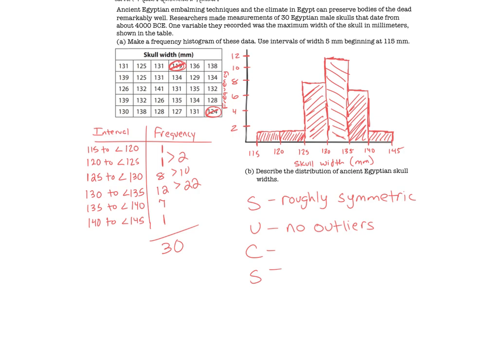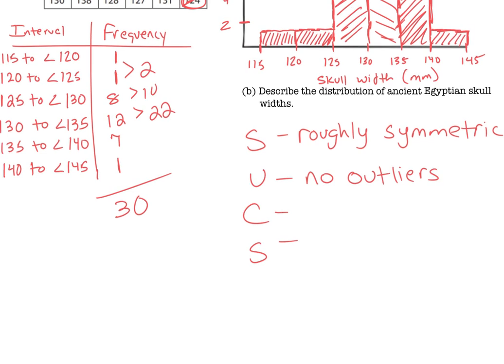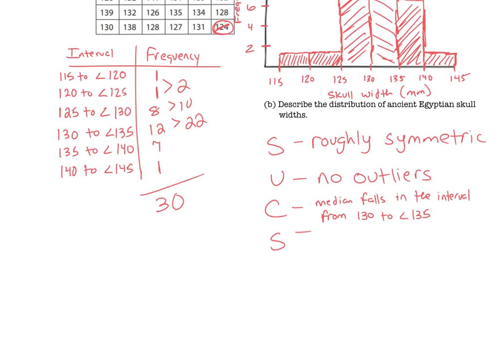So number 15 falls in that bin from 130 to less than 135. So what we say for the center is that the median falls in the interval from 130 to just under 135. We always find where that middle value is.